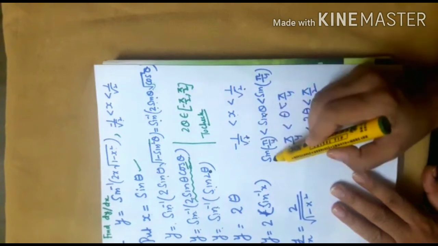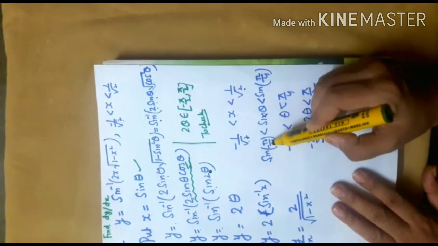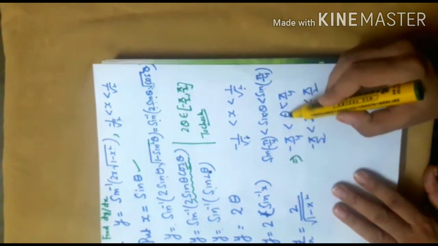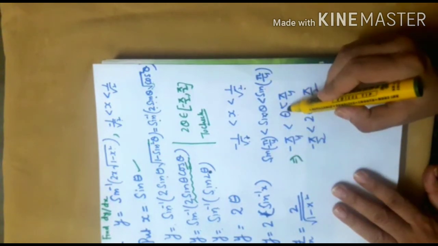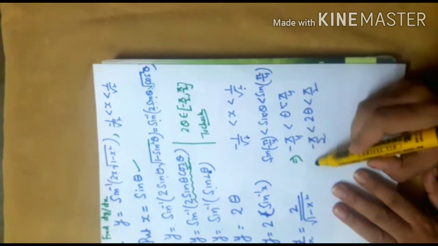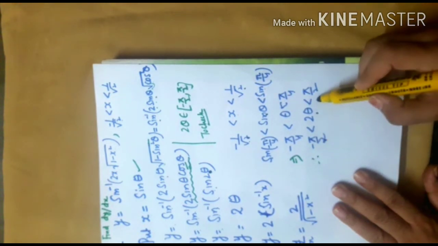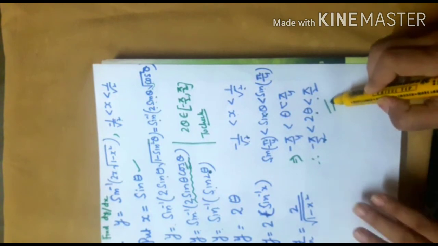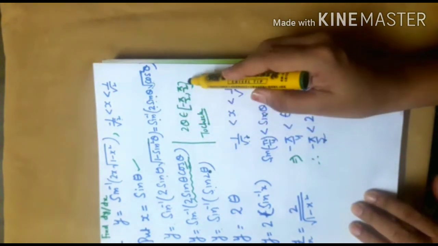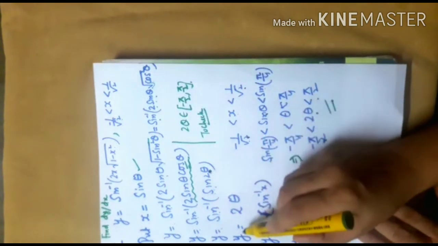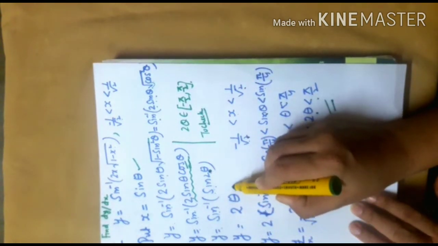So sine theta will be greater than sine minus pi by 4 and less than sine pi by 4. This implies theta is greater than minus pi by 4 and less than pi by 4. So therefore, 2 theta will be greater than minus pi by 2 and less than pi by 2. So yes, 2 theta belongs to this interval. So therefore, sine inverse sine 2 theta will be equal to 2 theta.